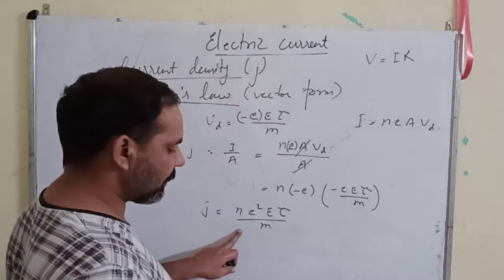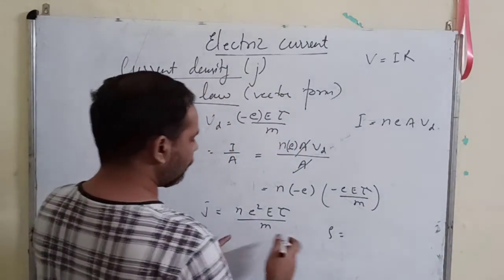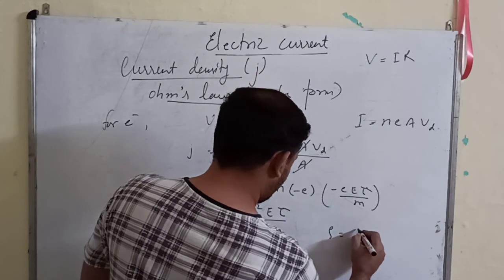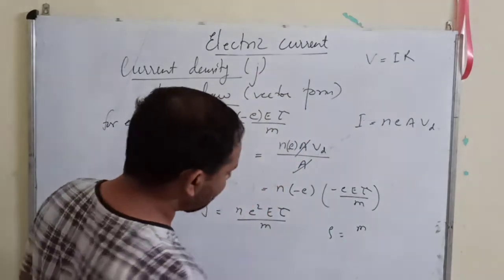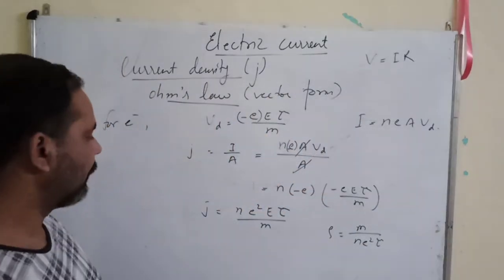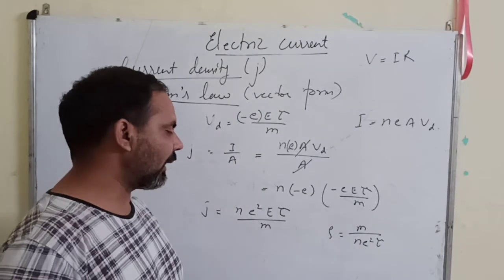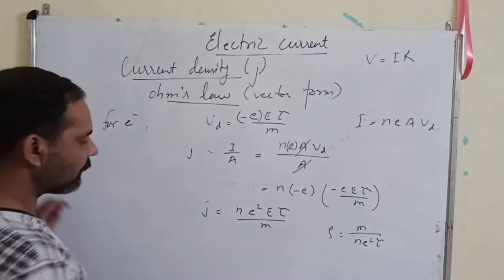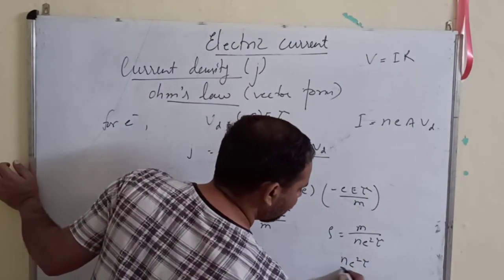Now what was the expression for rho? Rho expression was m upon n e square tau. Rho is equal to m upon n e square tau. So what will be n e square tau upon m?